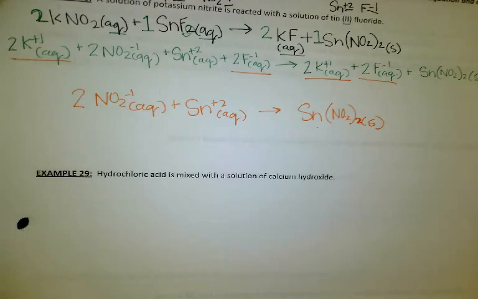Isn't NO2 -1 by itself a solid? What? NO2. Yeah, it's nitrite ion. It's not nitrogen dioxide. Is that what you were asking? Do you still do that as a solid form? No. It's dissolved in the water.